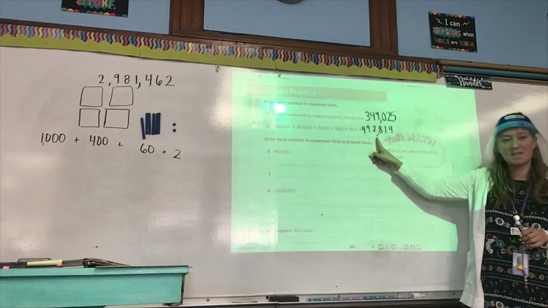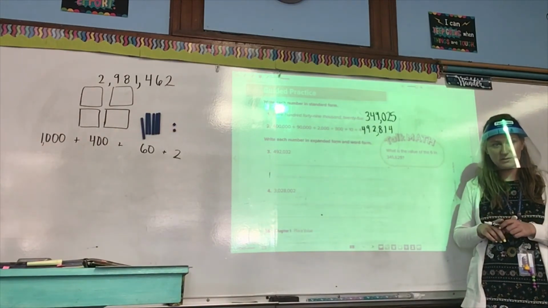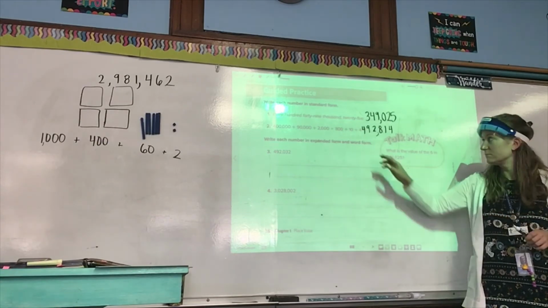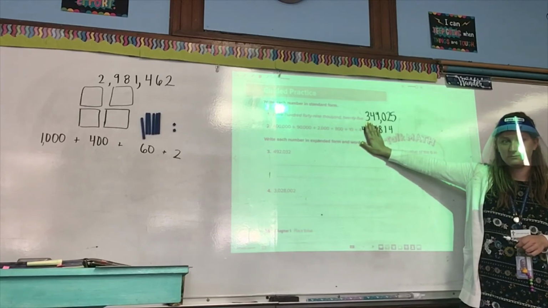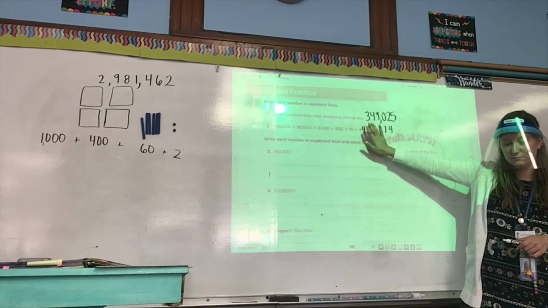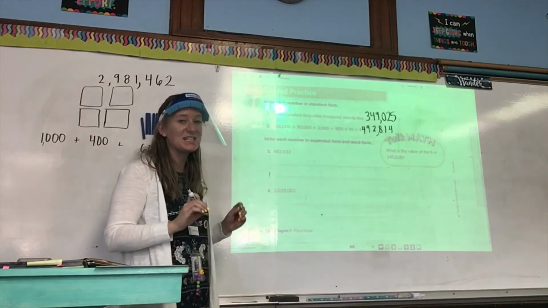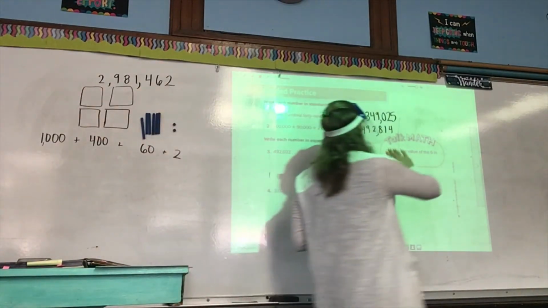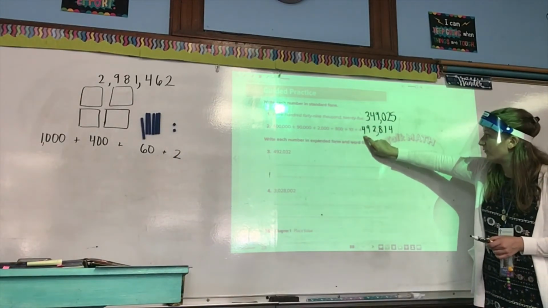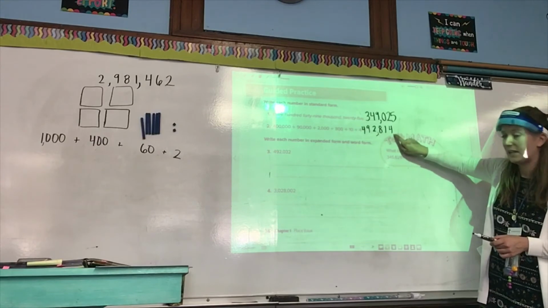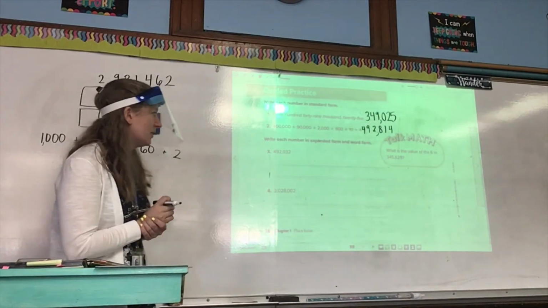Nope. You don't say the name of the period until you get to the comma. 492,814. Good. Remember, you don't say the name of the period until you get to the comma. So I would never say 4,092 whatever. I would say 492,814. Okay, very good.